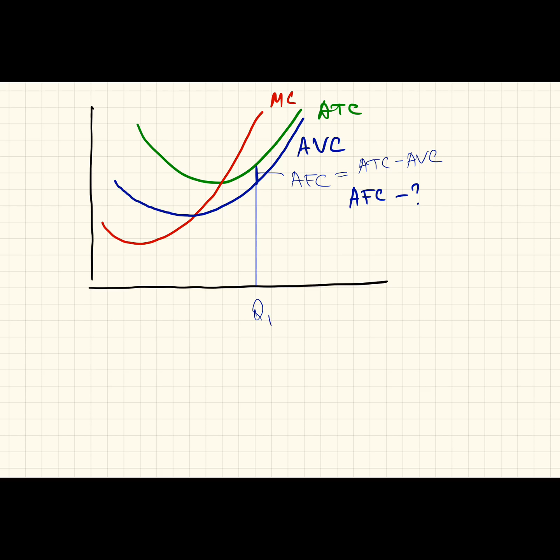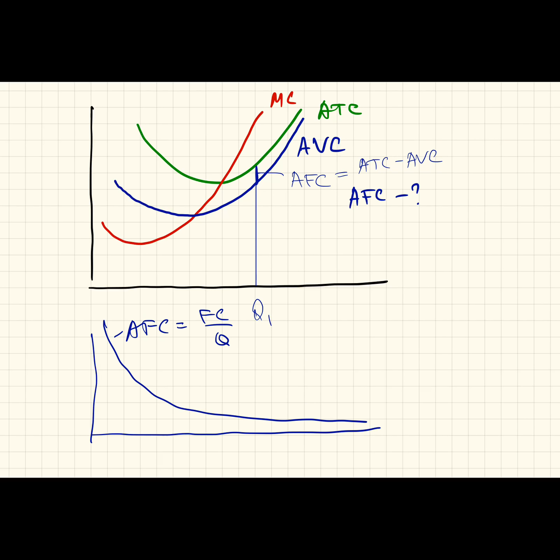And if you are wondering how the AFC curve looks on its own, if we drew it on its own, then it would look something like this. This is AFC, which is FC divided by Q. And remember, FC never changes by definition with Q. So as this thing stays the same and quantity is getting larger, the whole ratio is getting smaller.